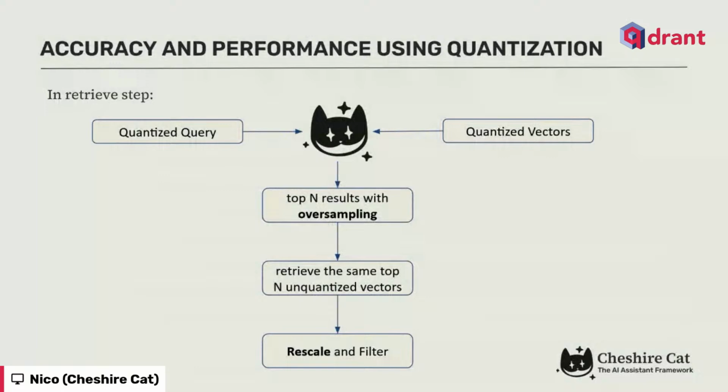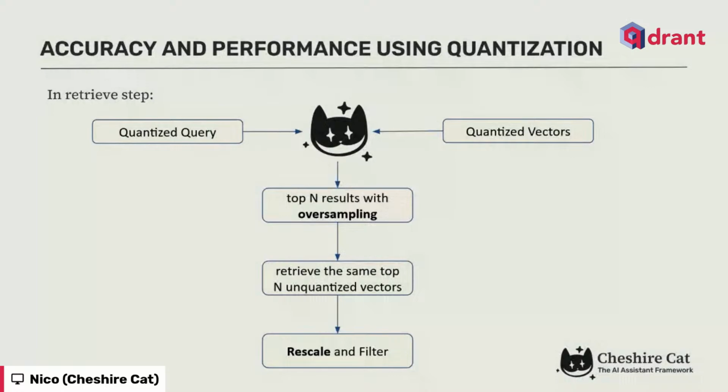Oversampling is a simple multiplication. If we want the top n with n 10, with oversampling with a score like 1.5, we have 15 quantized results. When we have these 15 quantized results, we also retrieve the same 15 unquantized vectors.